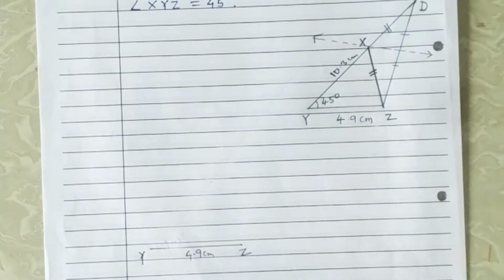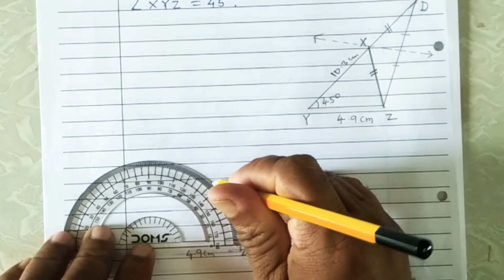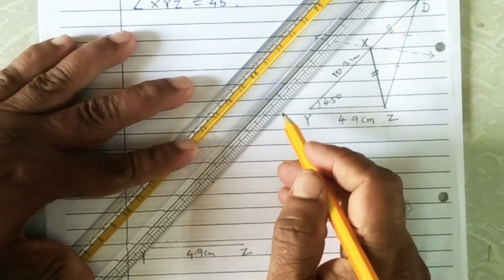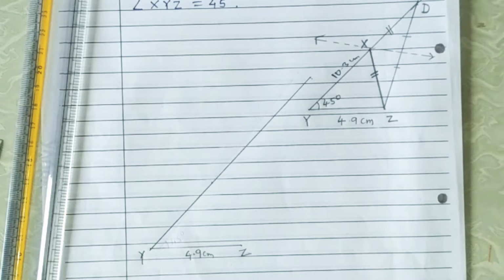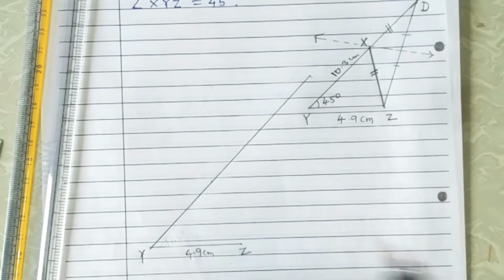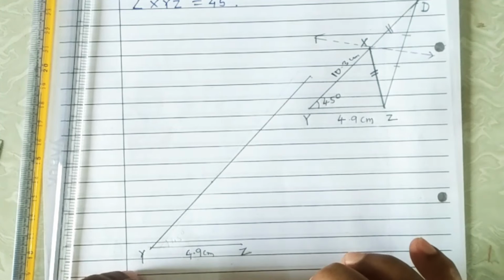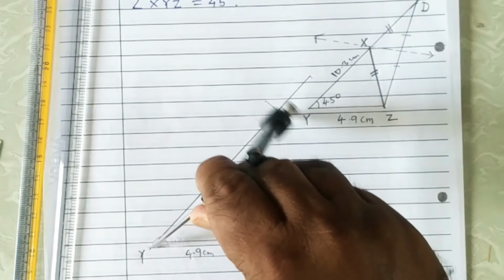Now with the help of compass, make the angle 45 degree at point Y. Now with the help of compass, take distance equal to 10.3 centimeter in the compass, and cut the ray.